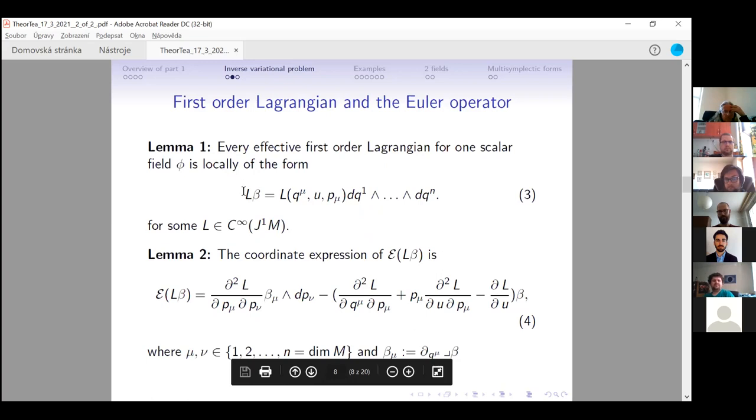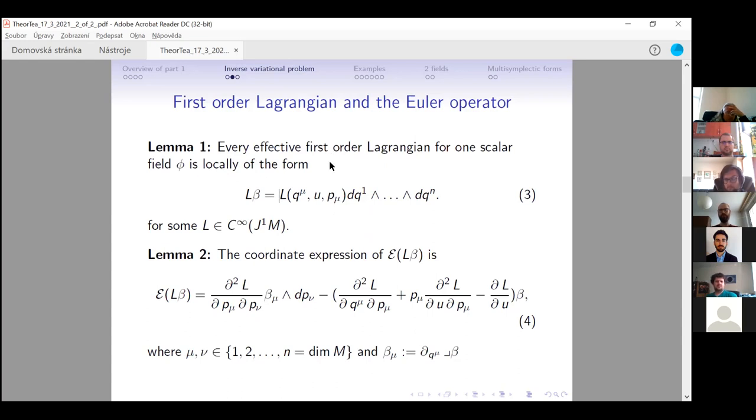And in fact, this is the most general thing that we can cook up on J1M which, if it is pulled back down, gives you something that will depend on phi up to the first order at most.